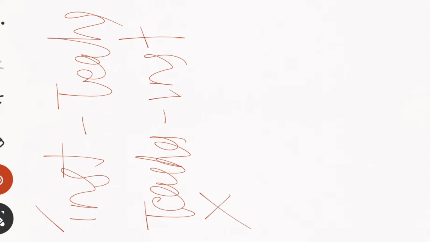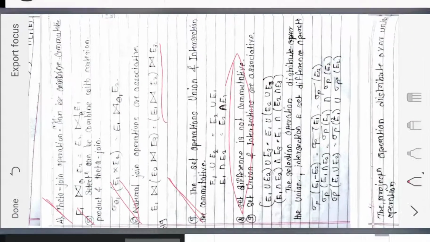These both are not the same, right? Because those who are in instructor but should not be in teaches, and those who are in teaches should not be in instructor. So both are different, both will give me different output. That's why they are not commutative.